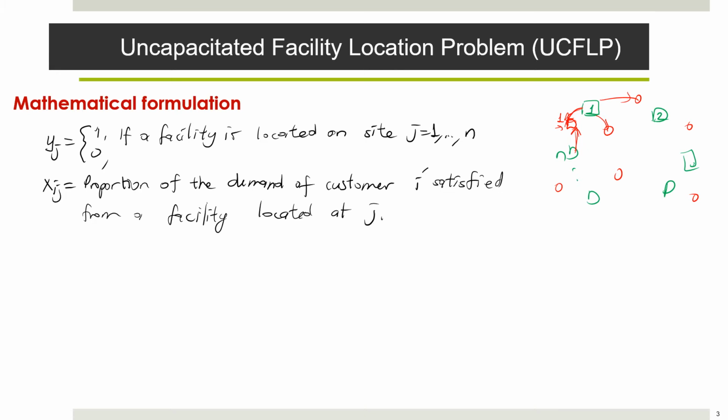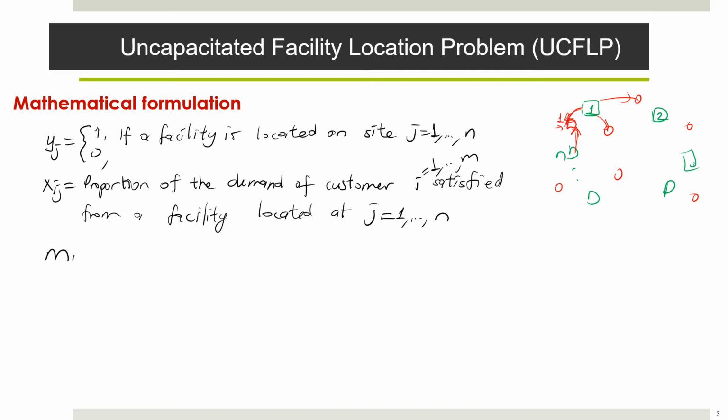So how many existing customers do we have? We have up to m. And how many potential locations do we have? We have n. Okay, so now with these decision variable definitions, we need to write our objective function.